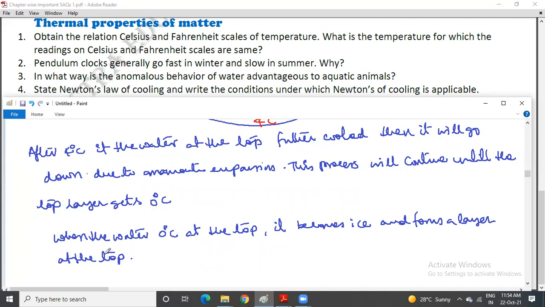But the water inside the lake will be at 4 degrees centigrade.